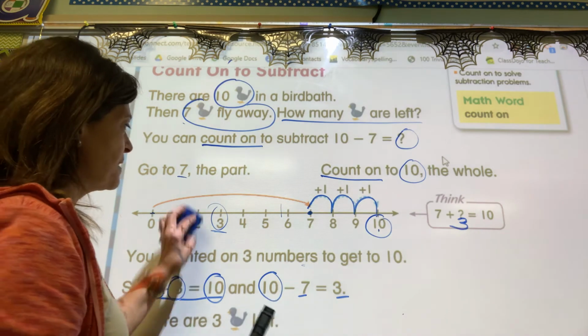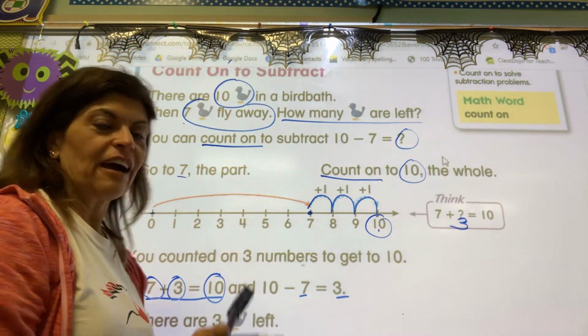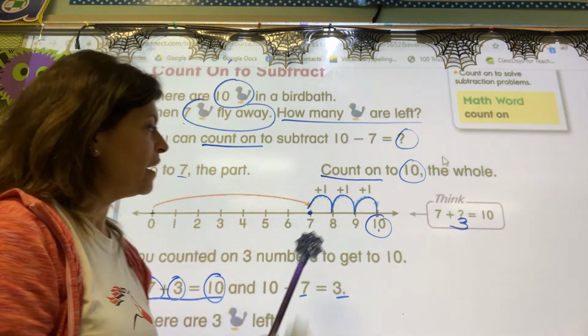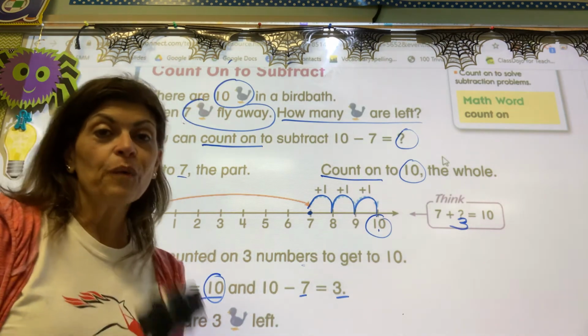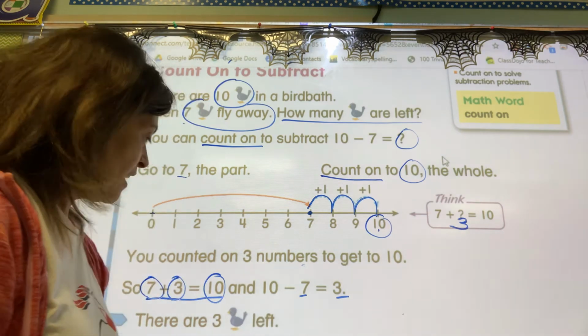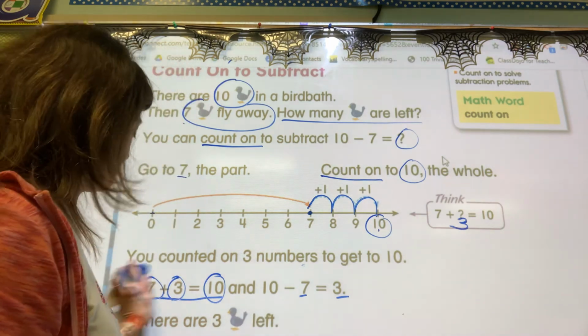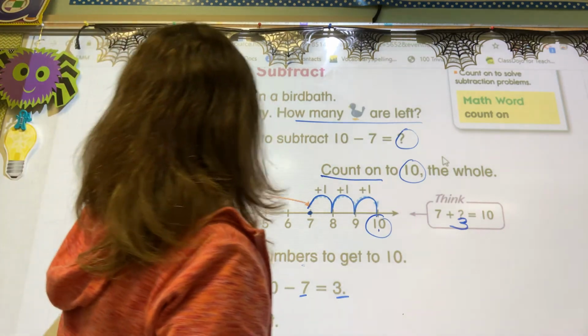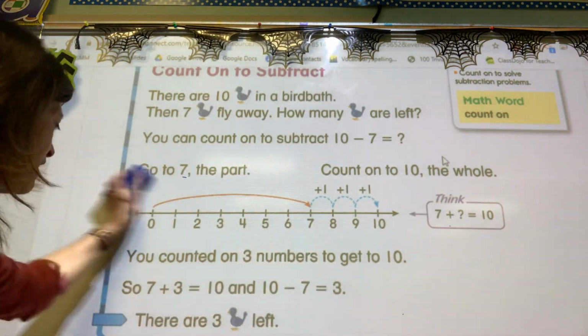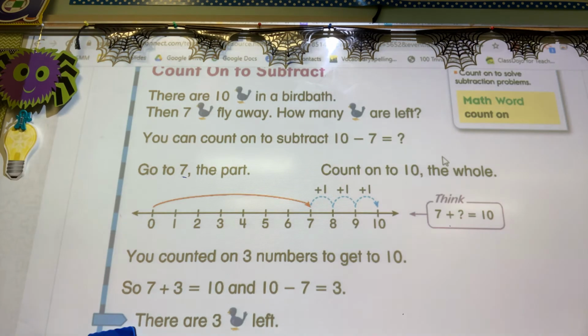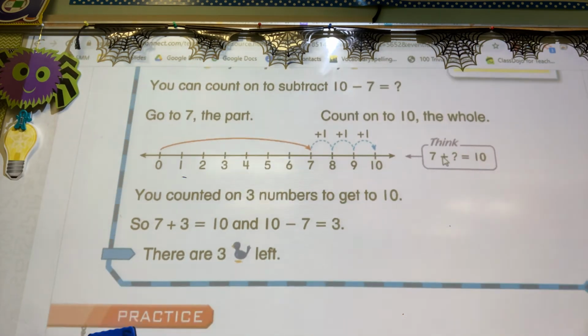But a lot of times, it might be easier to count on when you're taking away larger numbers. So, it's very easy. If you have any questions about it, let me know, and we can talk about it a little bit more. Okay, so let me go ahead and roll this up. If you don't have a number line at home, you can always make one to help you do these problems.